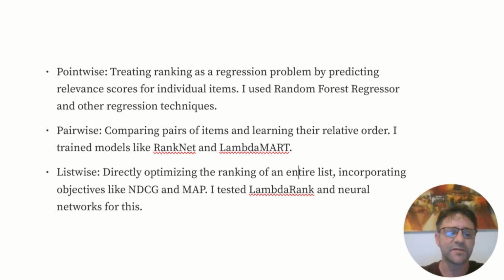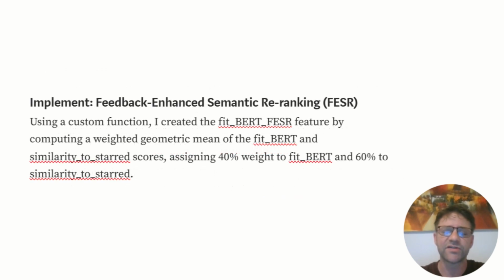And then we had some hybrid approaches, which we will get into when we get into the specifics of the models. I also tried a heuristic semantic approach, which is basically just a geometric mean of similarity to starred and the fit BERT value. And we'll see later on that it actually did fairly well compared to a lot of the trained models that I tried.